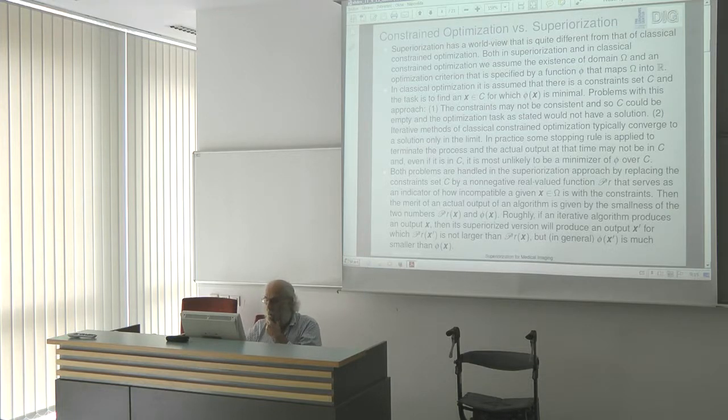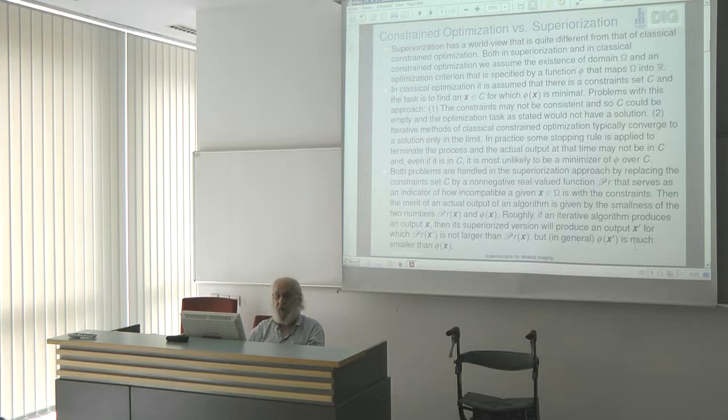And the merit of an actual output of the algorithm is then given by the smallest of two numbers, PR of x and phi of x. And roughly, if an iterative algorithm produces an output X, then its superiorized version will produce an output X prime for which the proximity is not larger than the proximity to the output of the original algorithm, but in general, the value of phi is much smaller.